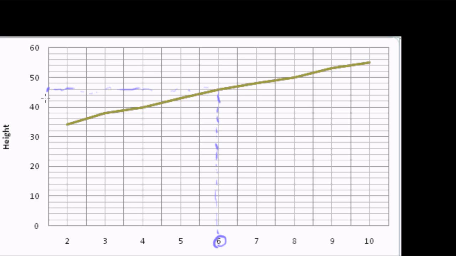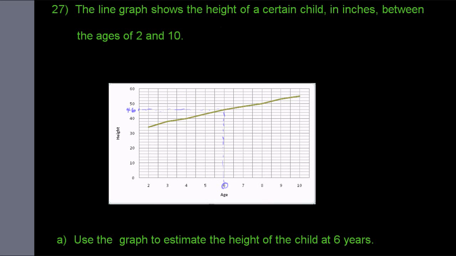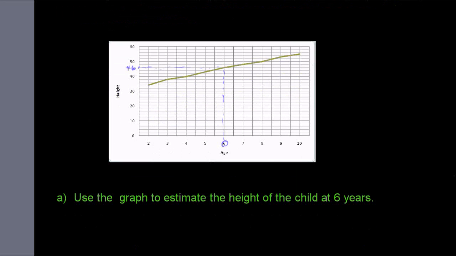Notice that the units are by 2s, 2, 4, 6, 8, 10, and we're up to 42, 44, 46 inches. So at the age of 6 years, this child has attained a height of 46 inches. So let's write that down. The answer then is 46 inches.